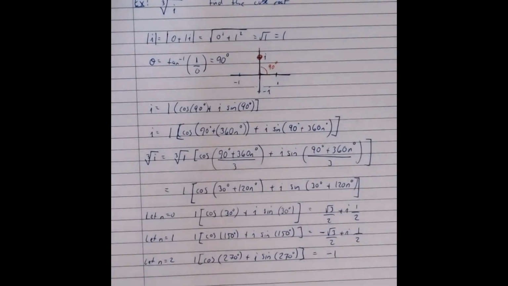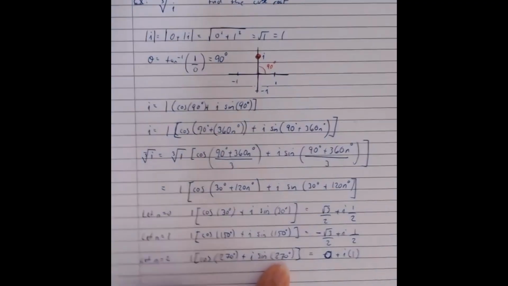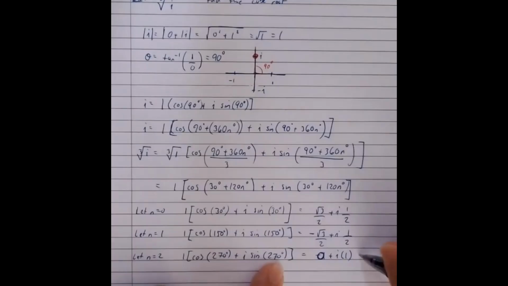But if I take the sine of 270, I'm going to get 0. Oh, no, actually I have those backwards. Cosine of 270 is equal to 0, and then plus i sine of 270, that's equal to 1. Notice that's different still. That's 0 plus 1i, that's i. These are different numbers.